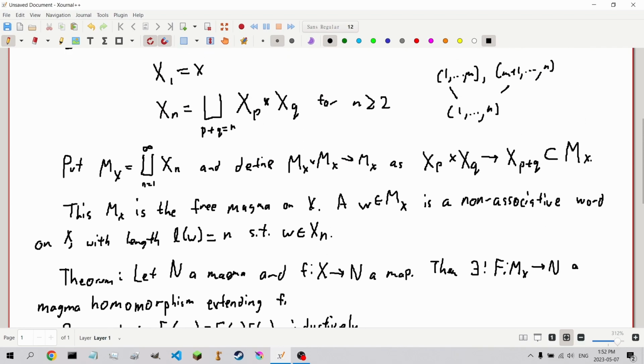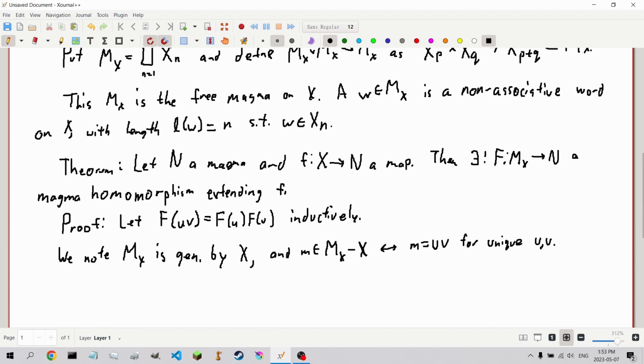And essentially, if we have this 1 through n as before, there are internal brackets, so there's only one way to split it up, essentially.